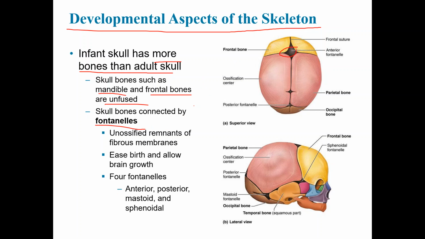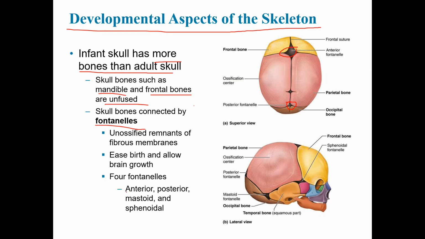Fontanelles are really openings that are unossified fibrous membranes, basically connective tissue. These are important because they ease birth and also allow the brain to grow, and eventually they will calcify and close up. And we all know that we don't have to touch them because they're kind of soft, and if you press on them too much, you could really damage the brain.